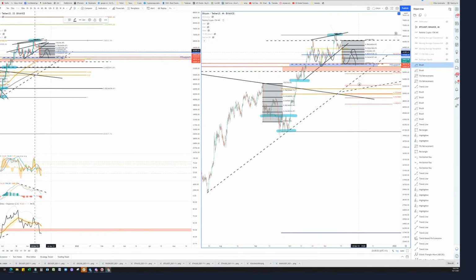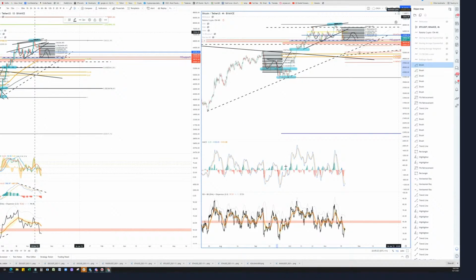So I do expect that, and I expect something similar to this where there is a rejection, and the question is, do we get a double bottom? So if we get it like this, do we get a double bottom and up, or do we get a further deeper correction? And the only thing that we can use at the time is our Fibonacci, our MACD, and so on.